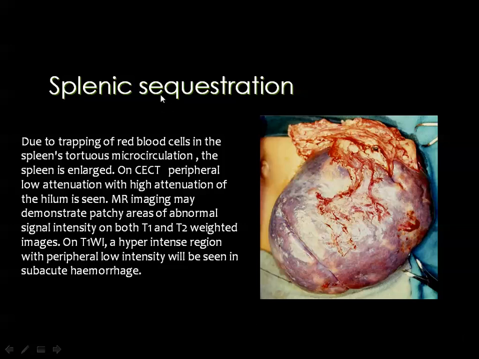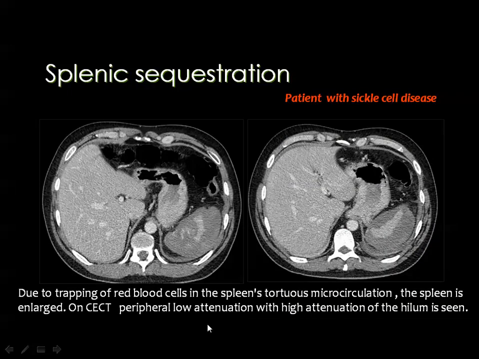And the splenic sequestration in patients with sickle cell disease means that there is a large amount of blood that has been trapped inside the spleen. The spleen is huge and may bleed, leading to sequestration crisis.